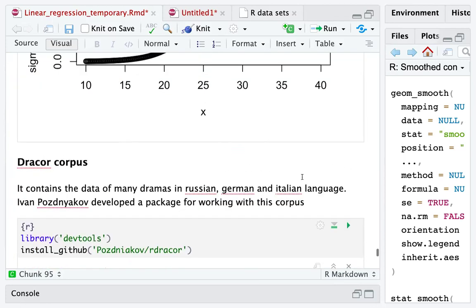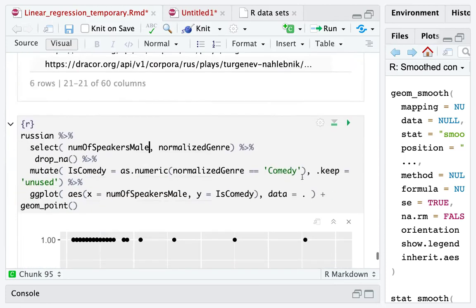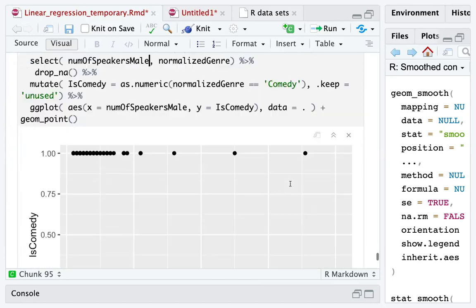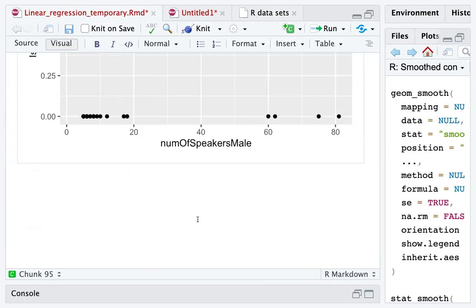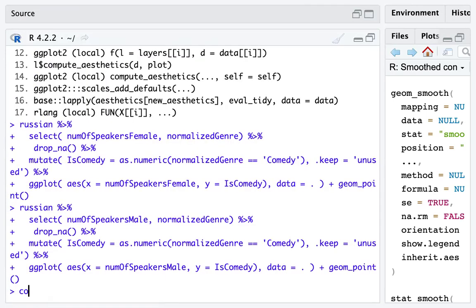Do you have any idea of what logistic regression we can do? So I simply print the column names. The names of the columns are the following.